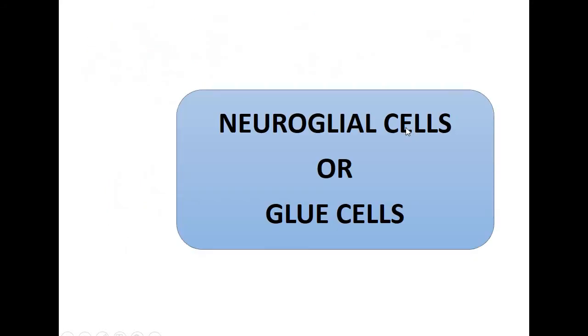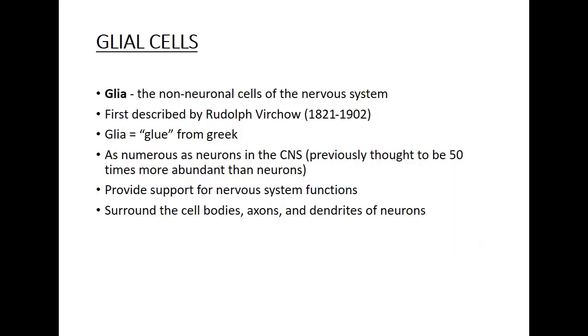What are neuroglial cells? I told you that besides the neurons, which are the structural and functional units, there are other cells in the nervous system, which are called neuroglial or the glue cells or the support cells. They are actually non-neuronal cells of the nervous system.